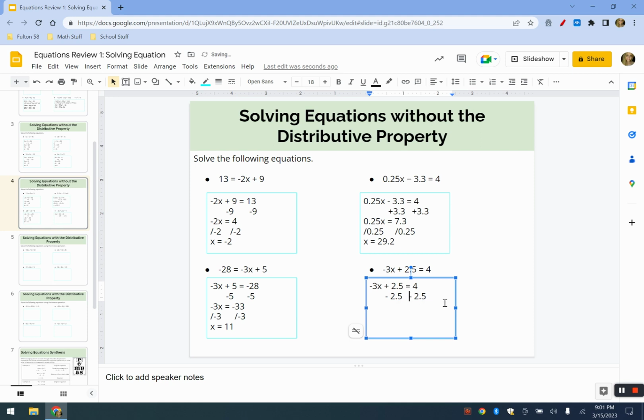I'm left with negative 3x on the left, and 4 minus 2.5 is 1.5. Last step is to divide by negative 3 on both sides. And I get x equals negative 0.5.